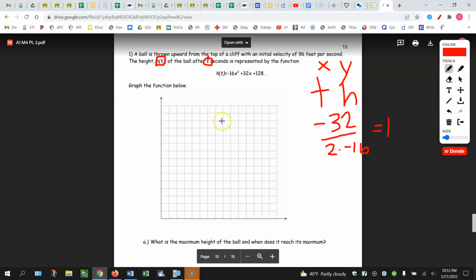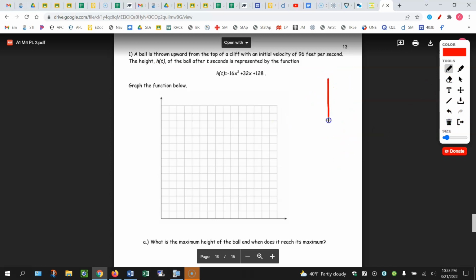All right. So let me delete this. For our graph, we have x and y, or the time and the height, whatever you want to think of it as.